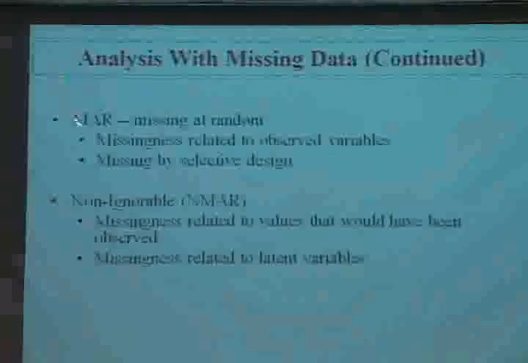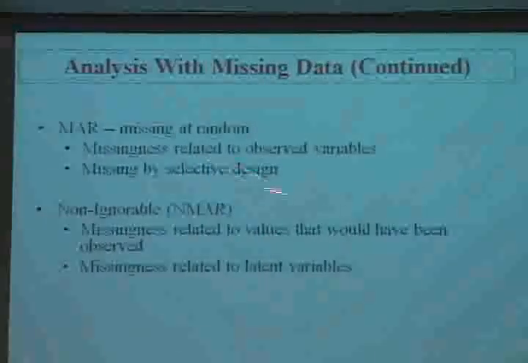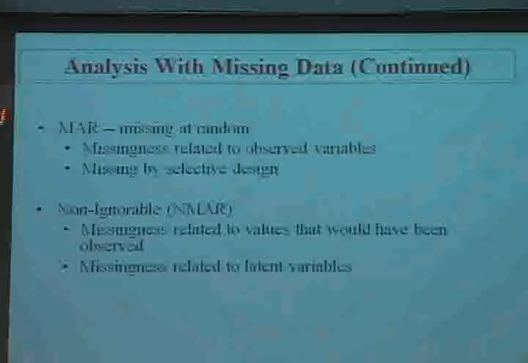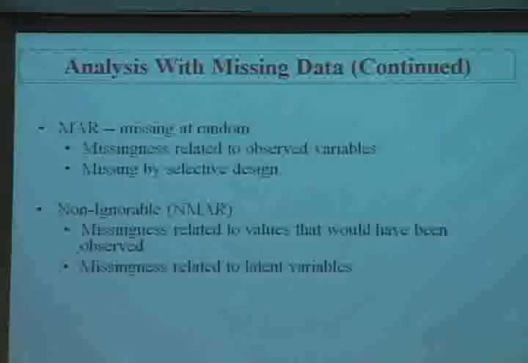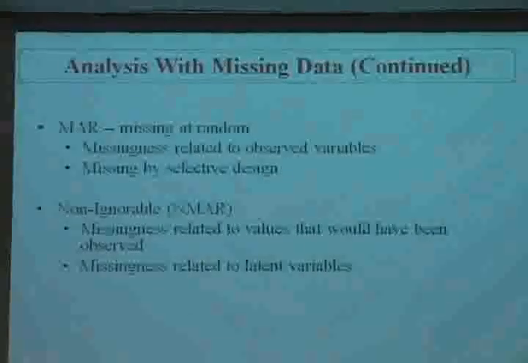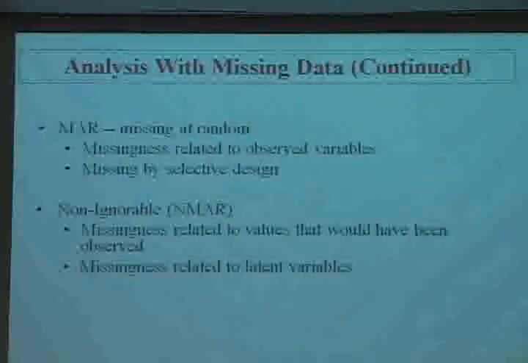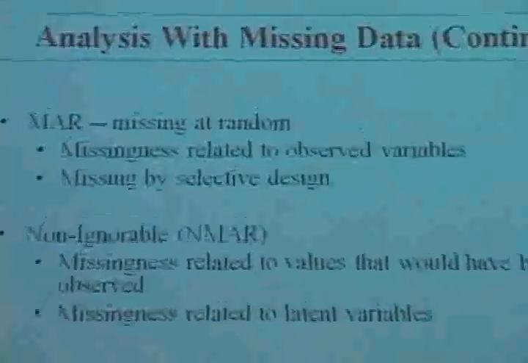Then you have missing at random, and that's basically where most of the analysis occurs. You want to have the capability of handling this type of missing data. Here, missingness is related to an observed variable. So you can have an observed variable be a predictor for the probability of the variable being missing.